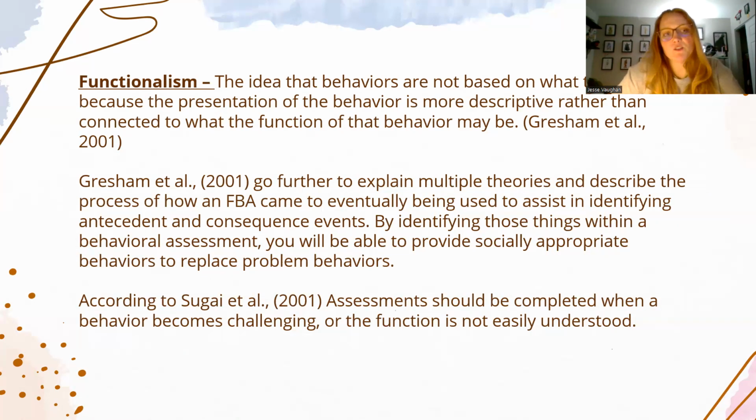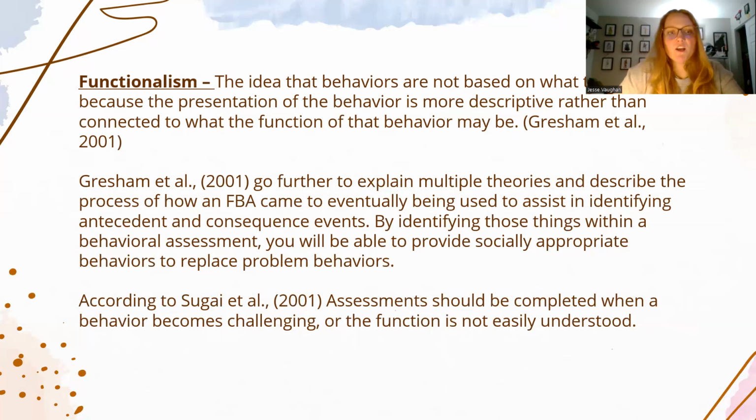In this paper, he also goes further into describe multiple theories and describing the process of how an FBA came to eventually being used to assist in identifying antecedent and consequence events, as well as identifying things within a behavior assessment. You will also be able to provide socially appropriate behaviors to replace those problem behaviors after you have come to the conclusion on what they are and what they might be stemming from.